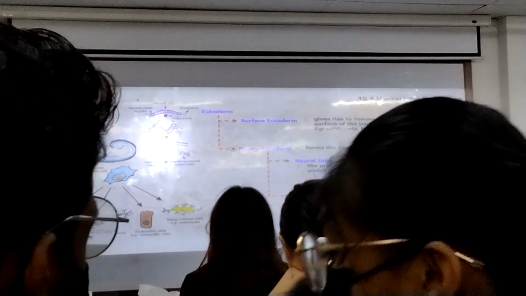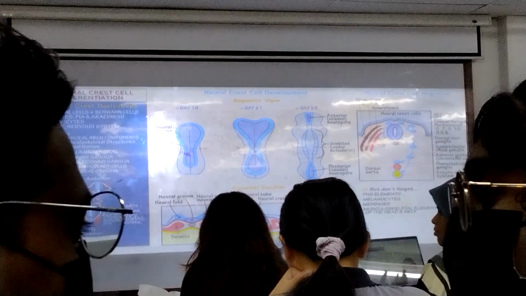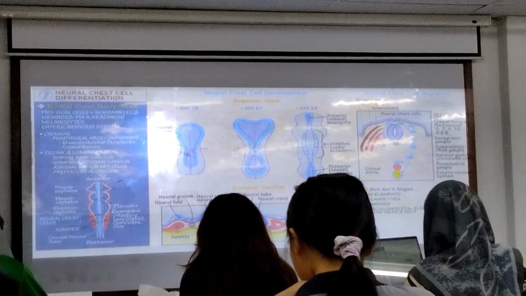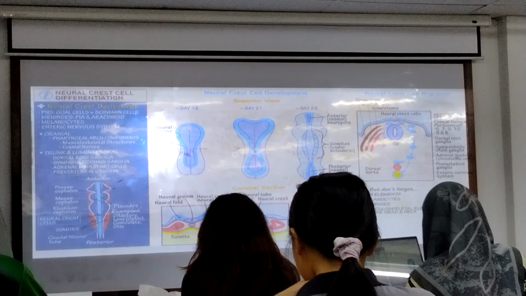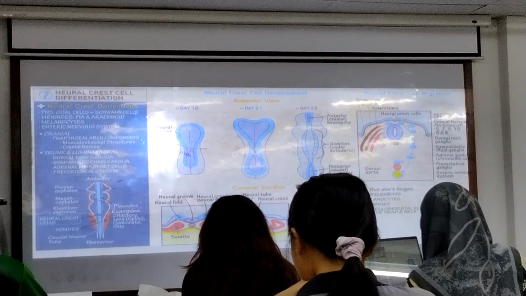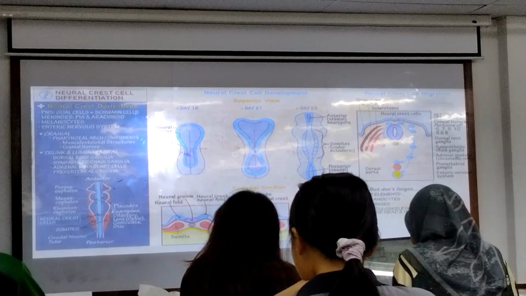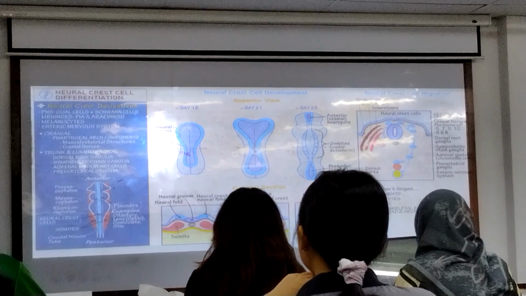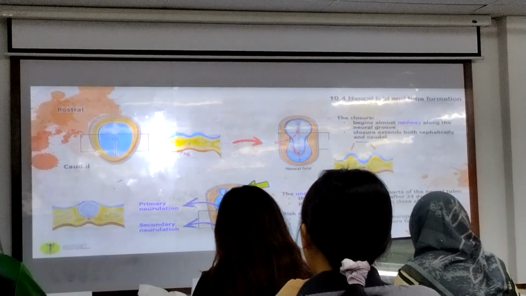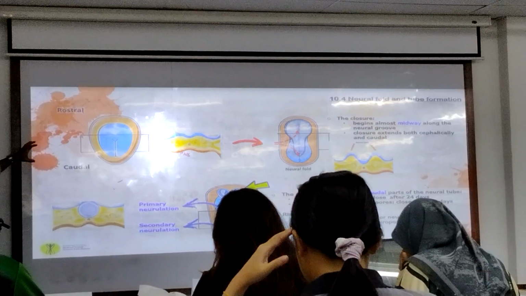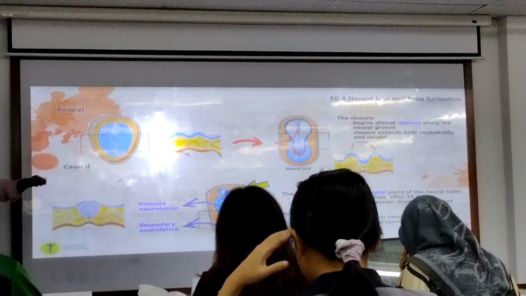Now, when you start to have all those things, this is basically what you will do, right? So what you need to have when you talk about this one is the existence of the crest. Now, if you look here, you will start to have neuroformation.